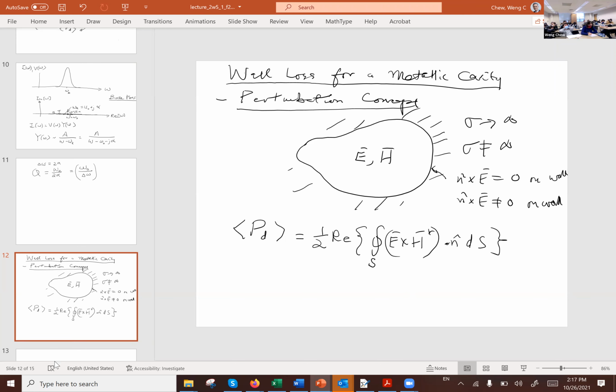And in order to ascertain the energy that is going inside the cavity wall, I will have to take this Poynting vector and dot it with n, n being the normal to the cavity wall. So n is this normal.